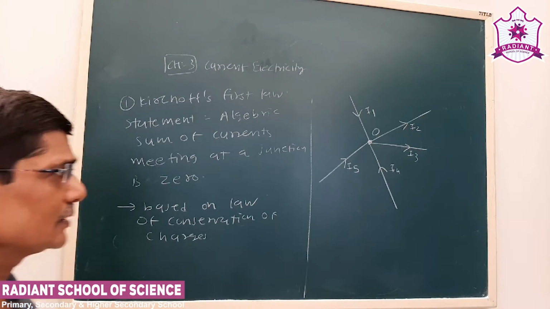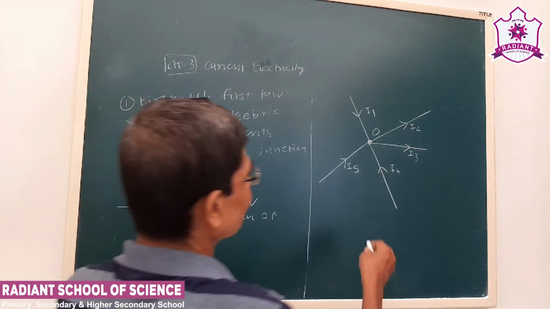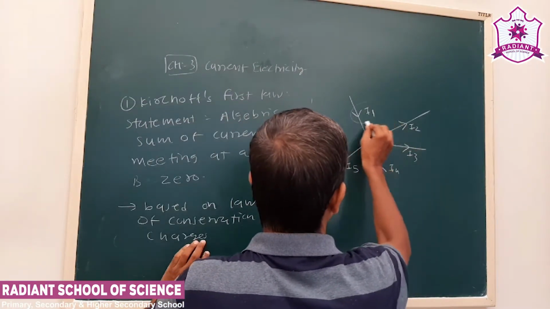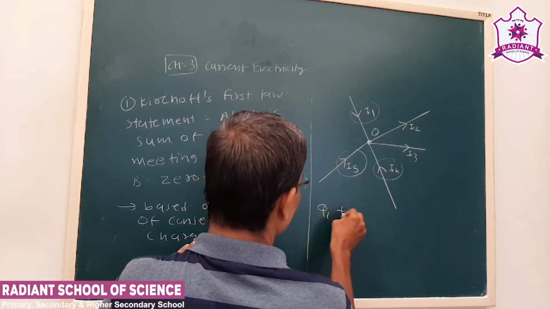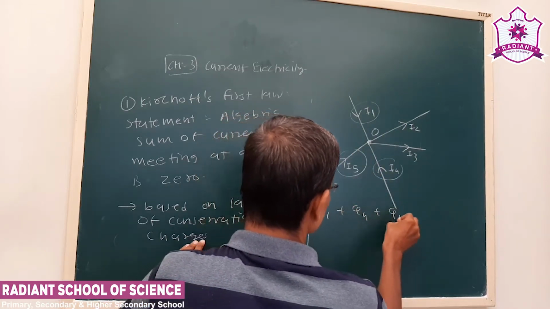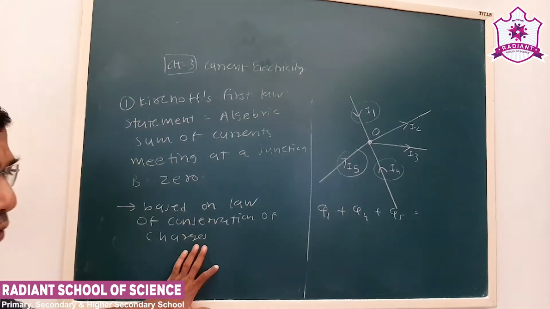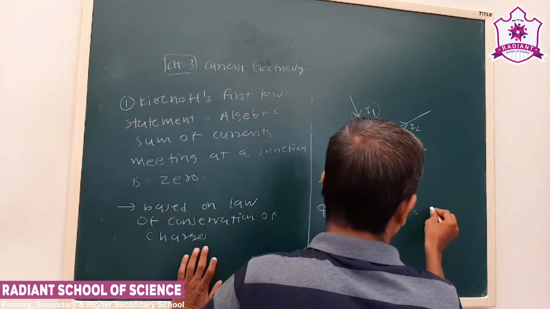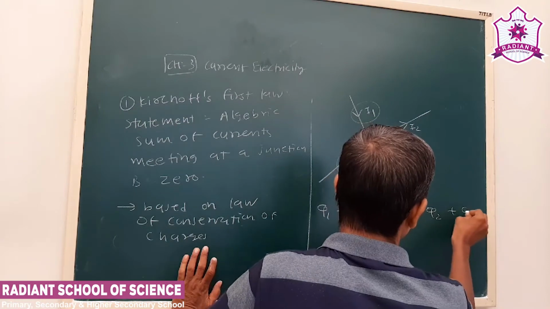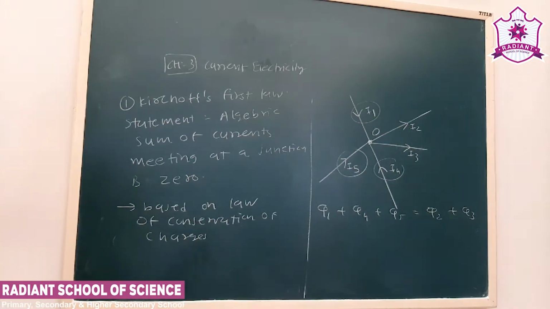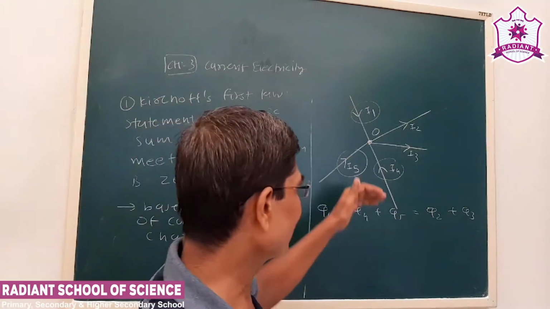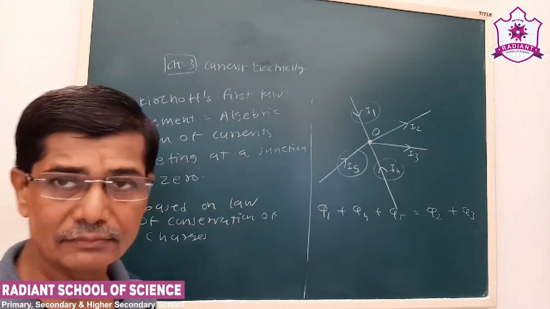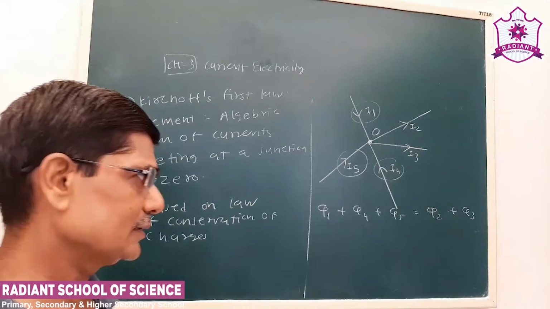Now see the law of conservation of charge. What is the charge coming toward the junction? That is Q1 plus Q4. And moving away from the junction is Q2 plus Q3. As a sign convention, charge coming toward the junction we take positive, and moving away from the junction we consider negative.